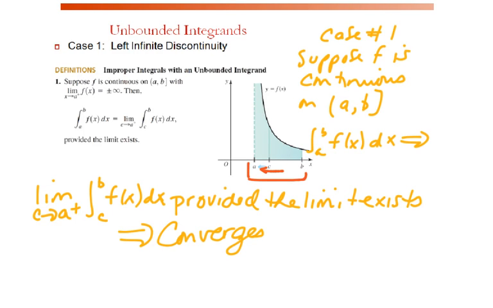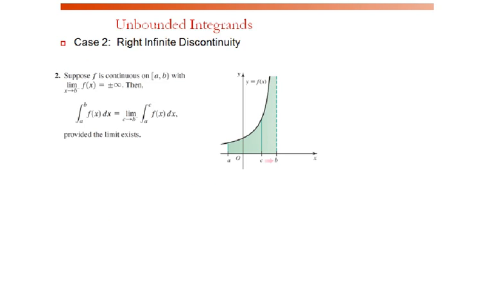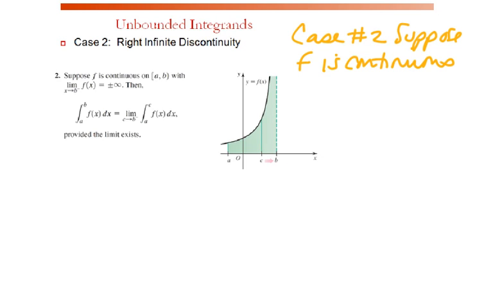The second case is when you've got a right infinite discontinuity. So at the upper limit of integration, you've got a problem. But everywhere else, f is continuous. So case 2, we're looking at f is continuous everywhere, but at the upper limit of integration.